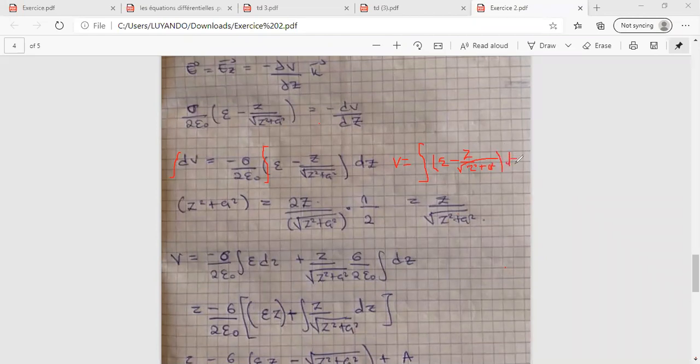So now what I'm doing is integrating. I know that for me to have, for example, z squared.